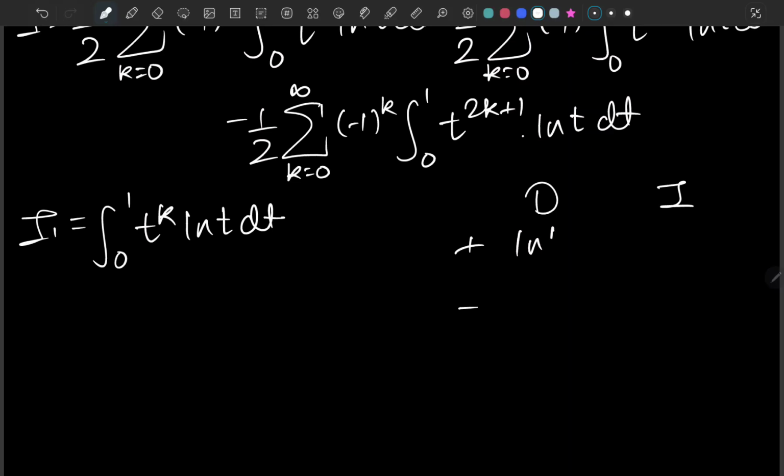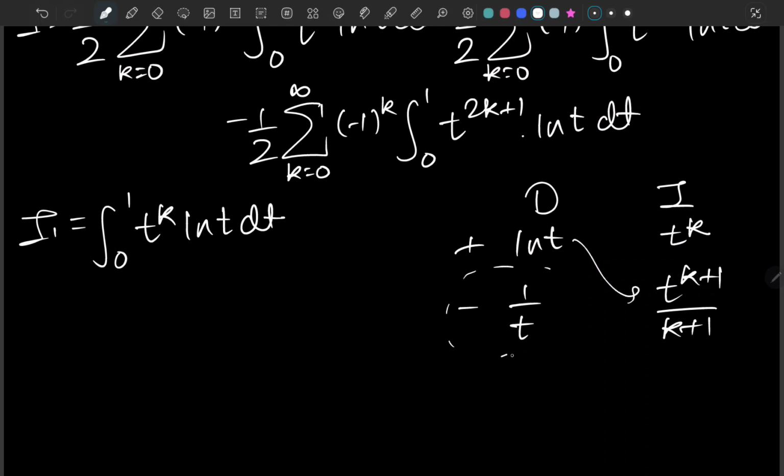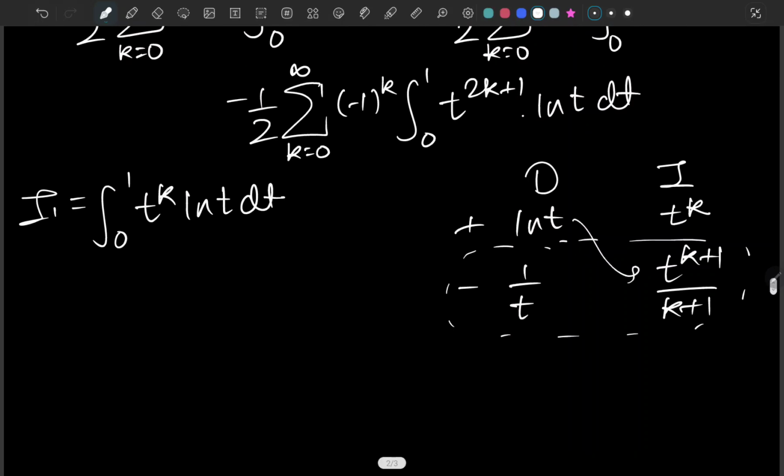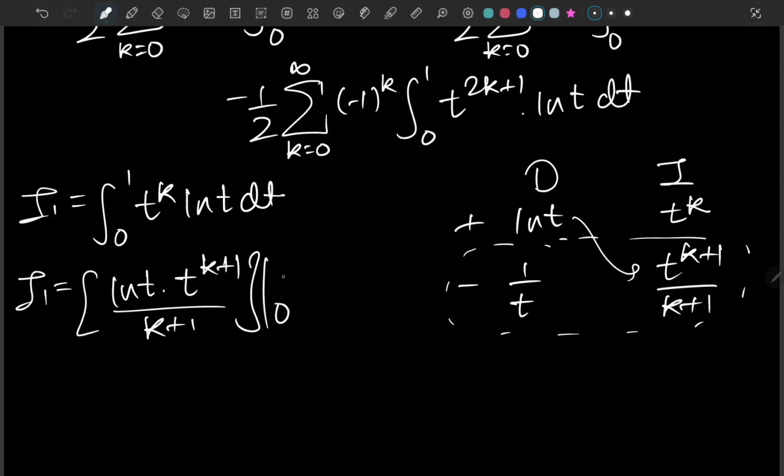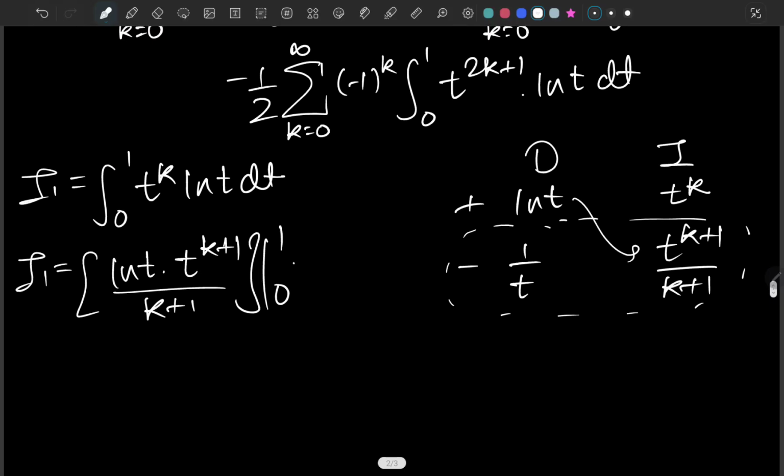Okay, so taking the derivative of ln t and integrating t to the k. So it's 1 over t and it's t to the k plus 1 over k plus 1. So this times that, and this is inside an integral. So if we talk about I1, it's ln t times t to the k plus 1 over k plus 1, evaluating from 0 to 1, and minus 1 over k plus 1 as a factor, integral from 0 to 1.